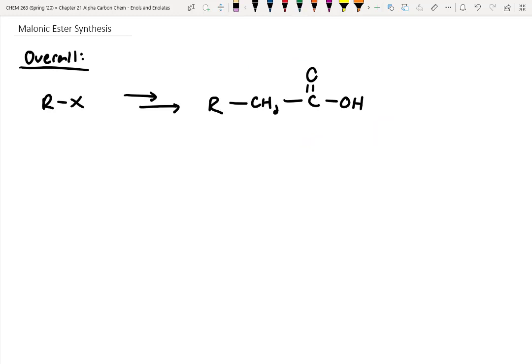So it's a little bit interesting to think about this, right? If we think about this product, it's a carboxylic acid that we've created. The alpha position on the carboxylic acid is this carbon right here, which basically means that this R group is going to be the alpha alkylated site on the carboxylic acid.